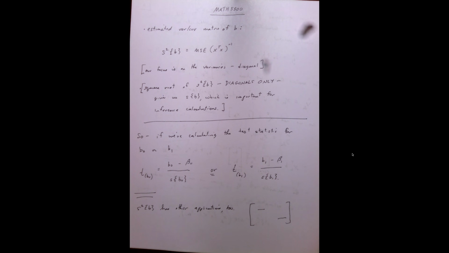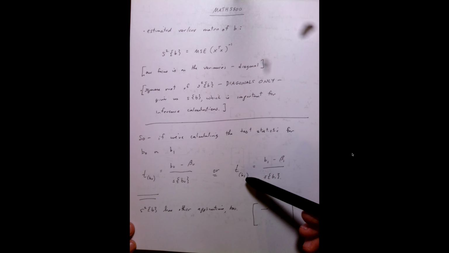Not to beat a dead horse, but if we're calculating the test statistic for an estimate of B0 or B1, for B0, we take the estimate minus the hypothesized value over the standard error for B0, not the variance, not the value that we get from the variance covariance structure.